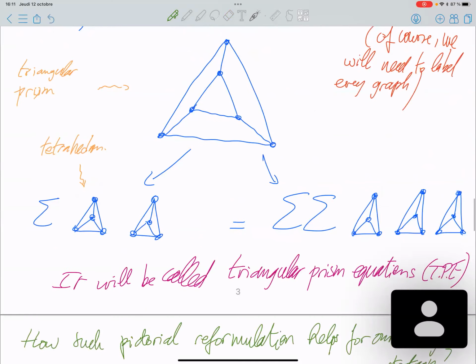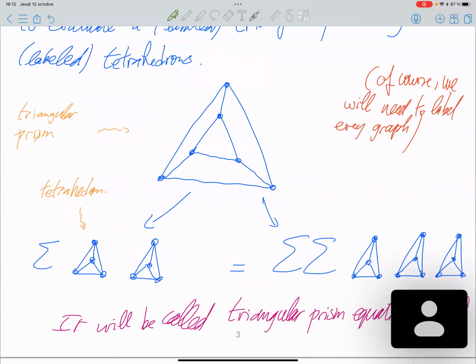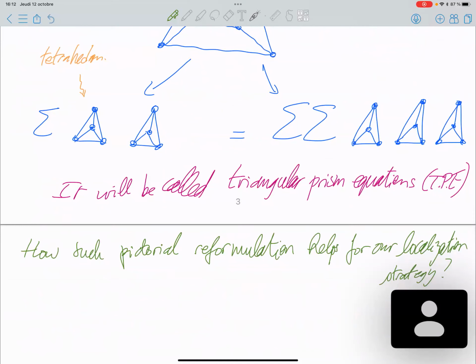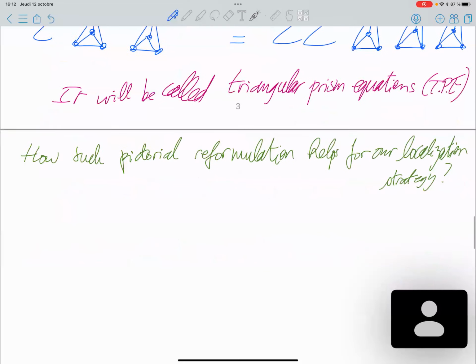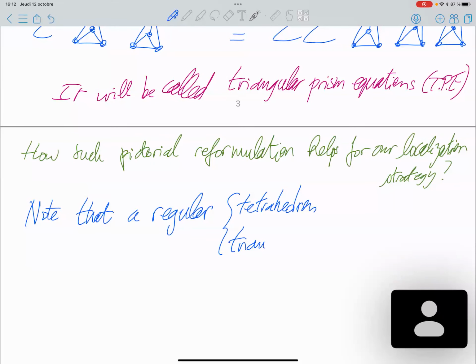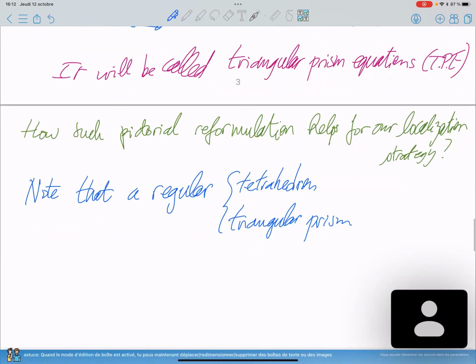Okay. So first, as I said, a triangular prism and a tetrahedron are two geometric objects in 3 dimensions which have symmetry when they are regular. So note that a regular tetrahedron or triangular prism has a symmetry group.